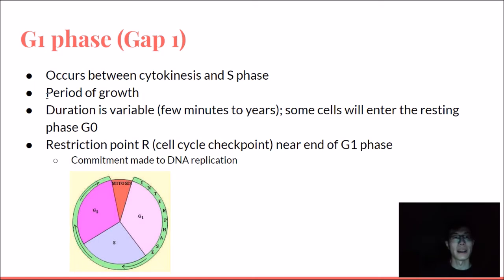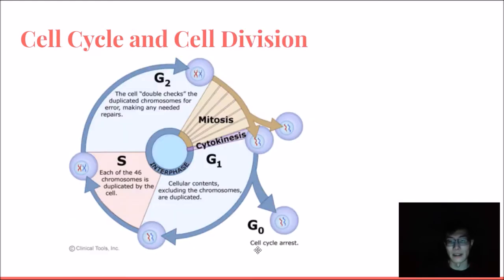It's just growing, maybe taking up nutrients, making machinery if need be. And the duration is quite variable within the G1 phase. It can be a few minutes to sometimes years. And some cells will actually not go through the entirety of G1 phase and into S phase, but rest and stick around in this phase, which we label as G0, also known as the cell cycle arrest phase.